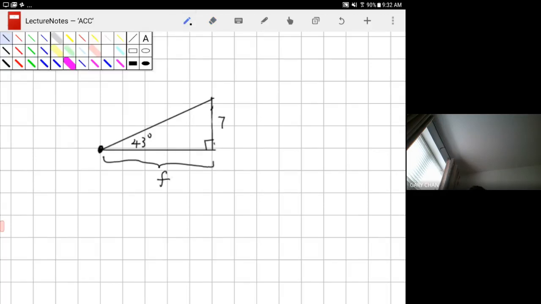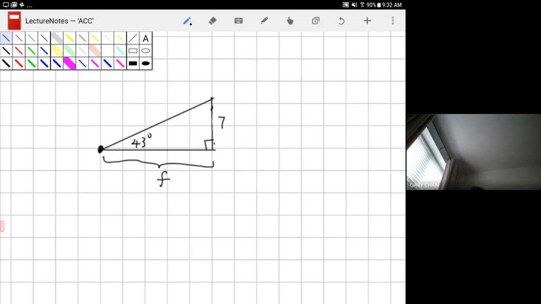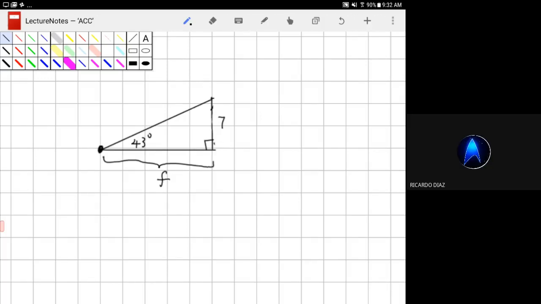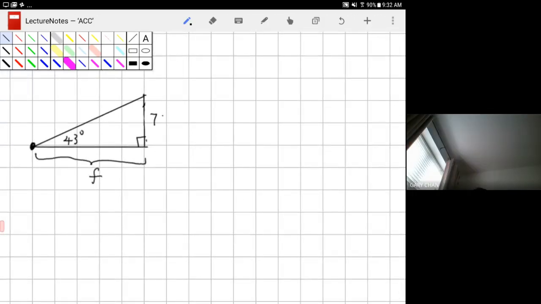opposite of 43 or is it adjacent of 43? F is adjacent to 43 through the 43-degree angle. And what about 7? 7 is opposite to that angle. Awesome. So because we're dealing with opposite and we're dealing with adjacent, Kian, which trig ratio are we dealing with here?